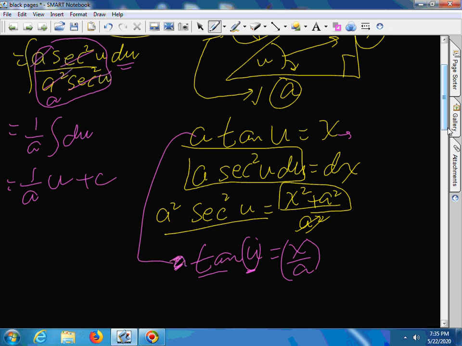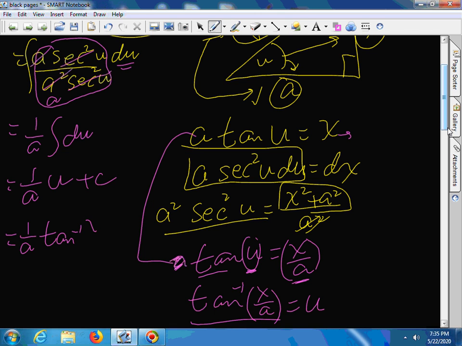If you have tan of one thing equals another thing, you can swap those two things, provided you put an inverse there, or if there already is an inverse there, get rid of it. So we have 1 over a times u, tan inverse of x over a plus c. That's the second one.